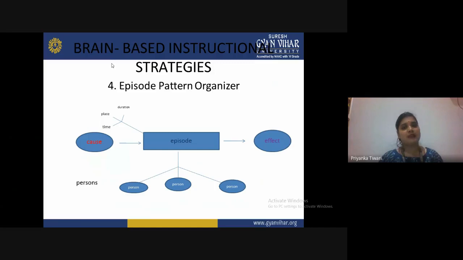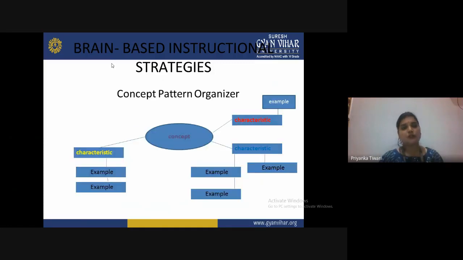The episode pattern organizer focuses on place, time, duration, causes and their effects, and persons. The concept pattern organizer covers characteristics, and in characteristics we will focus on some examples.